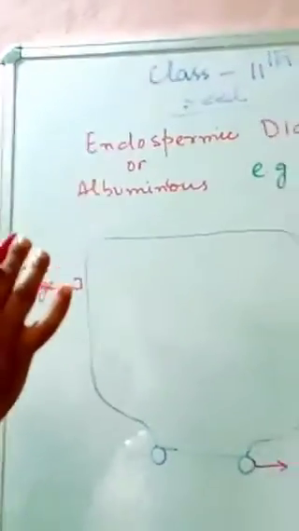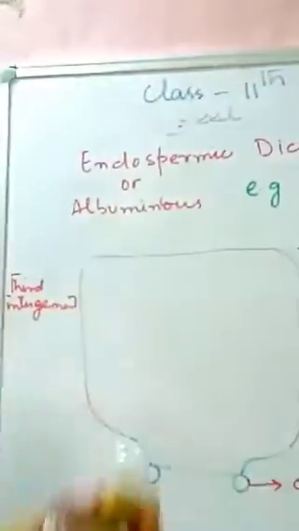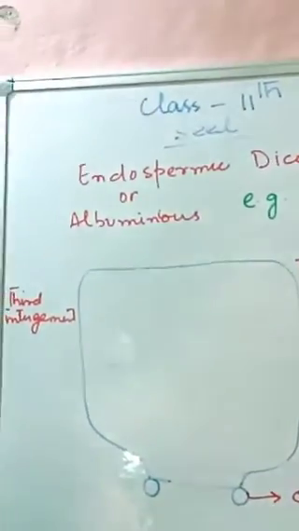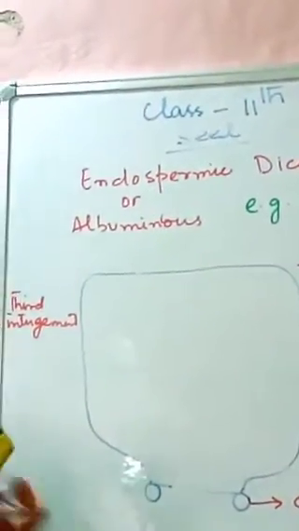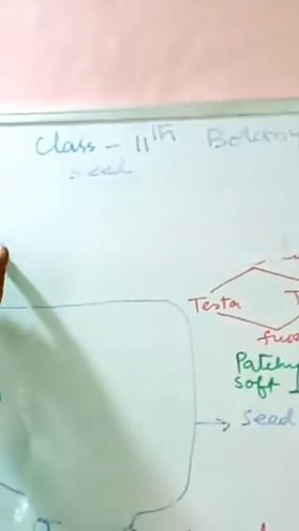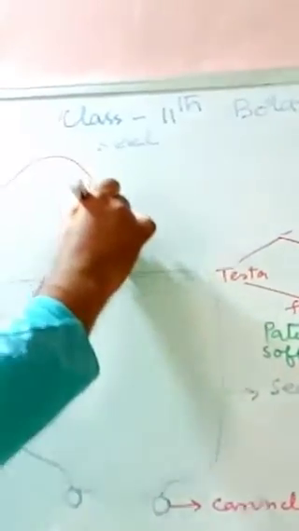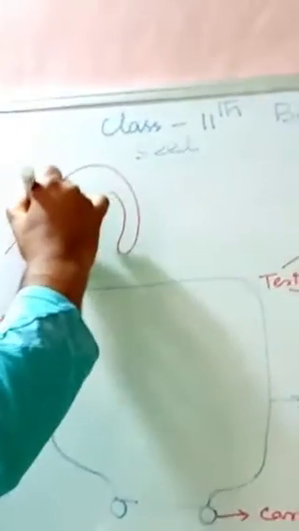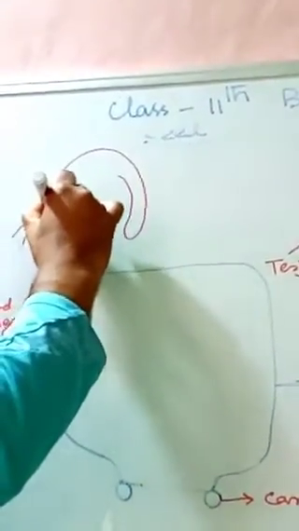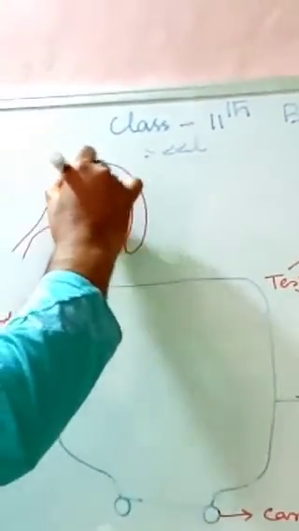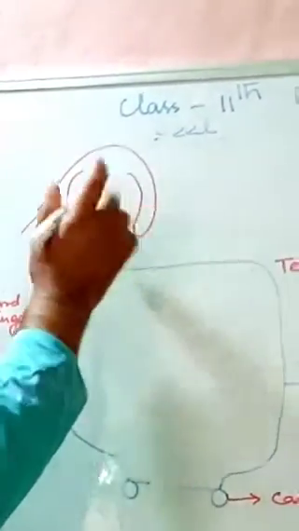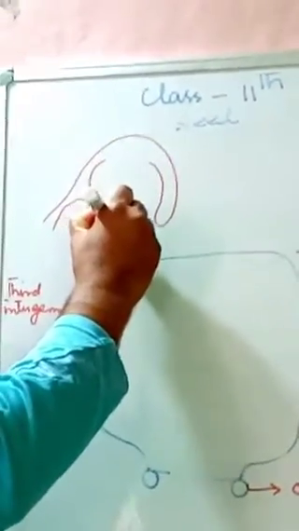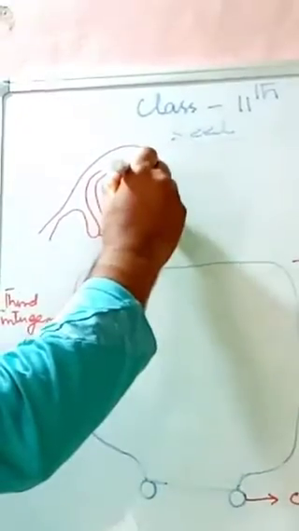In a typical dicot seed, if we talk about the ovule, we will see the structure like this. This is the one integument. This is the second integument.